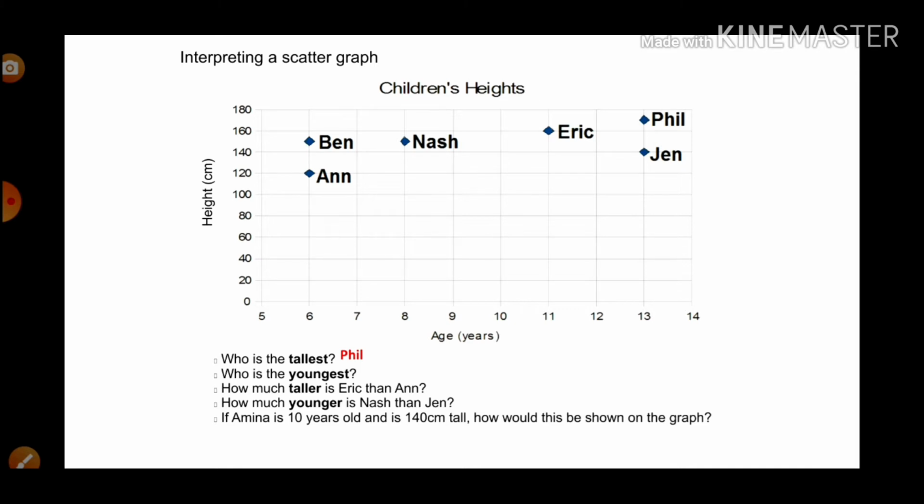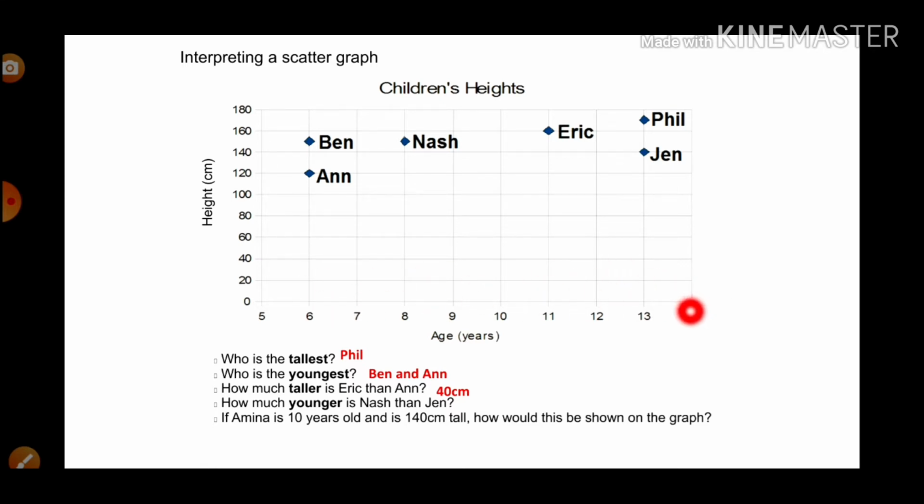We're looking at the x-axis, which is the age. In here, no one is at 5, so the lowest is 6. We have 2 people, Ben and Anne. How much taller is Eric than Anne? Eric is over here and Anne is over here. Anne is 120, Eric is 160, so we're just finding the difference. Now, how much younger? This time we need to compare on the x-axis.